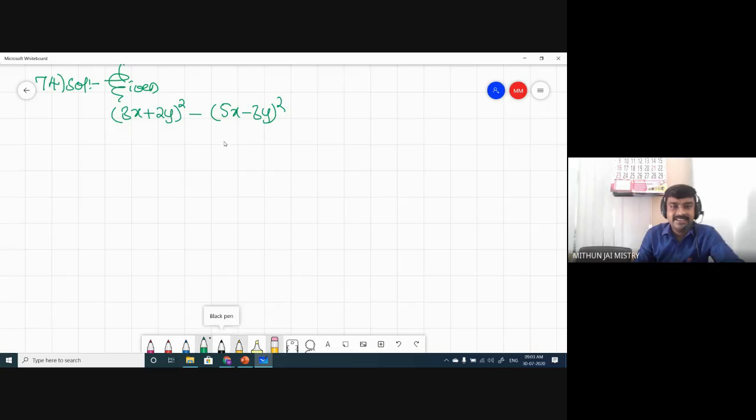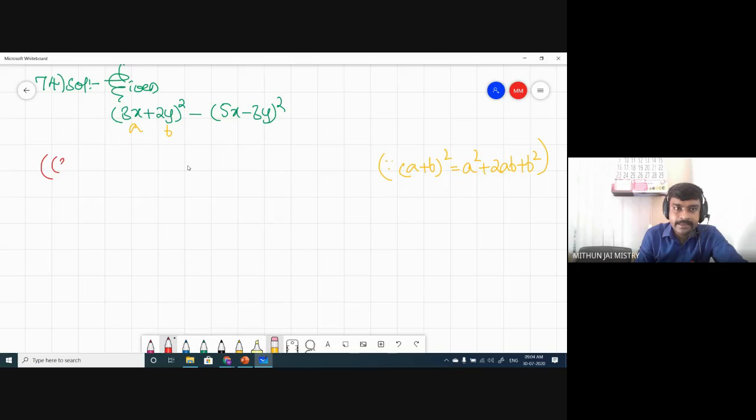So we have a certain formula: a plus b whole square is equal to a square plus 2ab plus b square. Done? Yes, sir, done. Now, this is a and this is b. So when you expand this, children, what you will get?